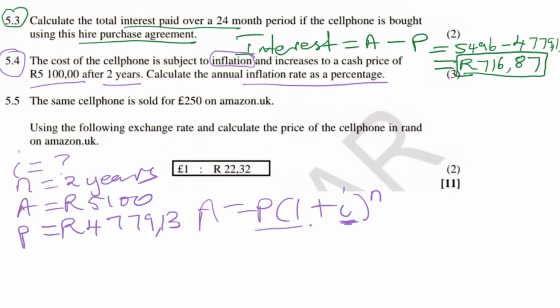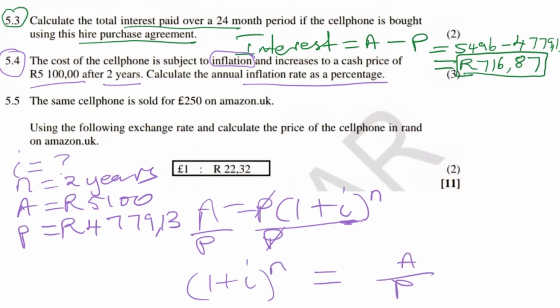Let me derive it. First of all, I'll divide by P, the left hand side and the right hand side. So I no longer have P there. I've got 1 plus I, all this to the power of n, is equal to A over P. Now I have to get rid of this power n. So I apply the nth root, the left hand side and the right hand side.